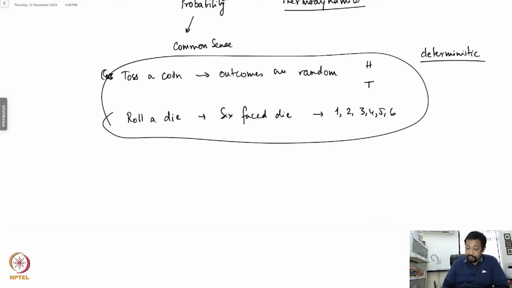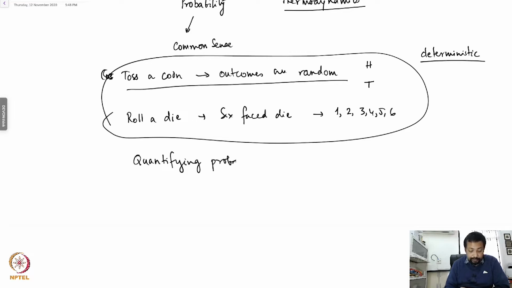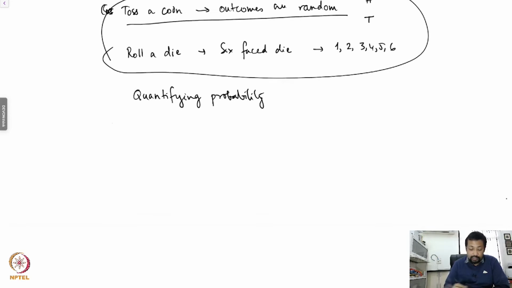But in these events, the outcomes are random, right? So one has to figure out a way of quantifying probability.